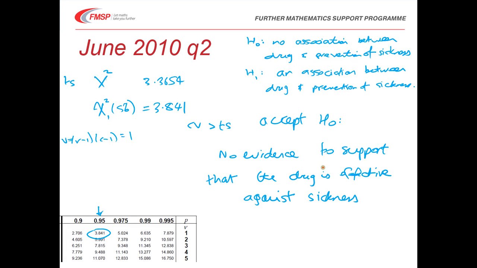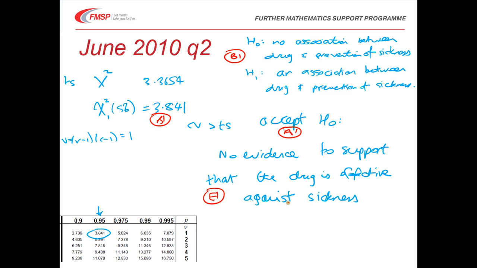Okay, and then here, what do we get? Well, you get a B mark for your hypotheses. You get a B mark for choosing the correct statistic, in this case, the correct critical value. You get an A mark for accepting or not rejecting H0, and then you get an E mark for suggesting your evidence.